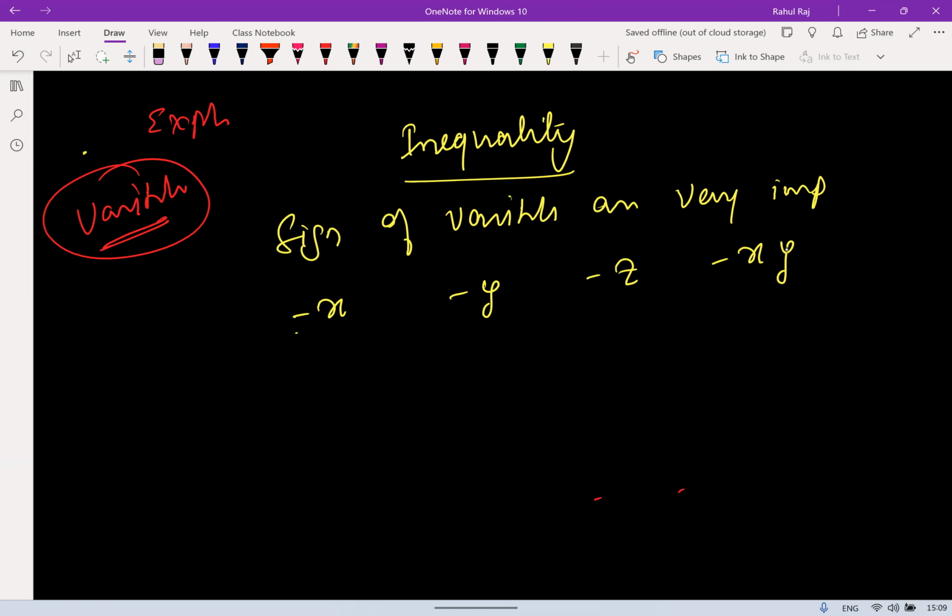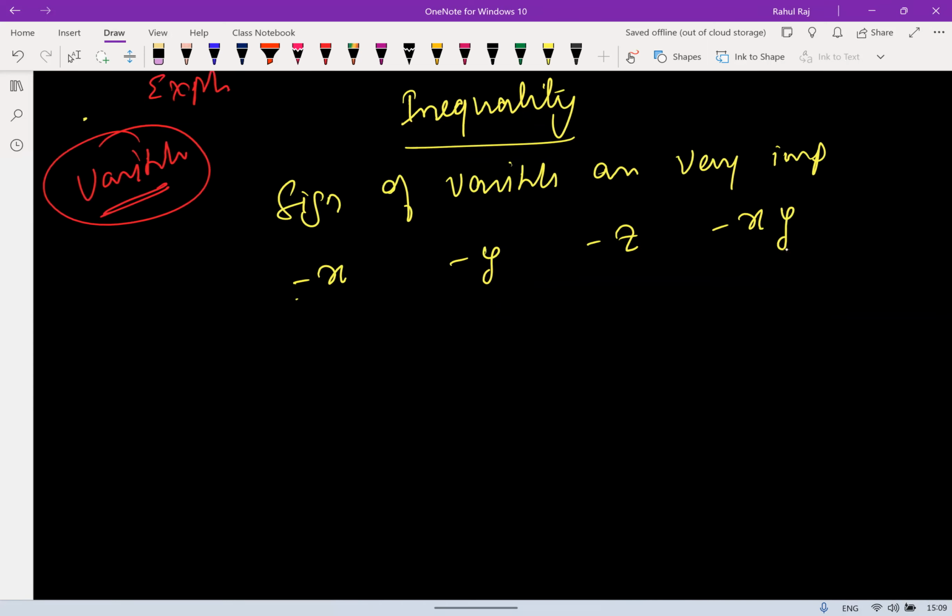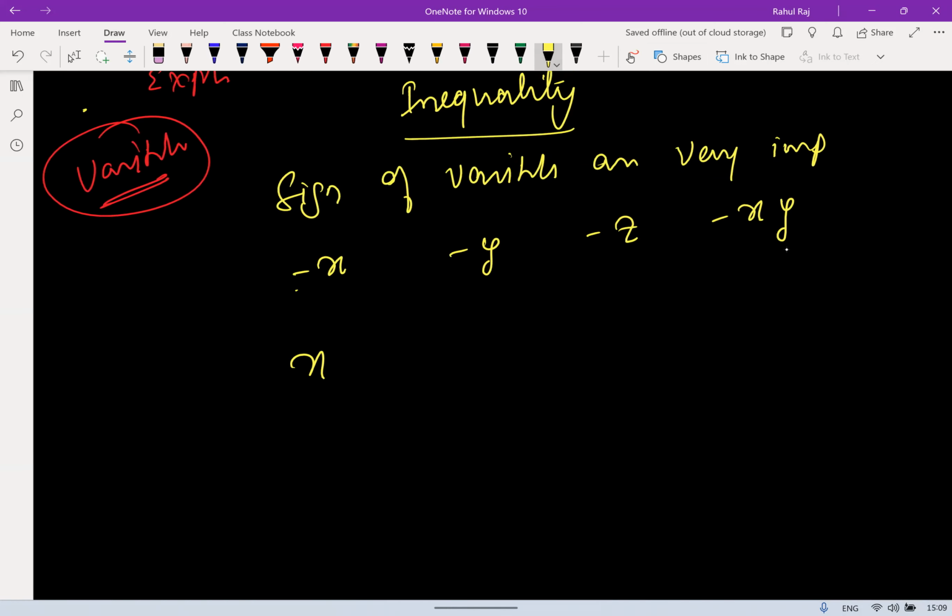Now imagine I'm just writing it over here, xy greater than 0. What do you mean by this in terms of sign? Your first logic in algebra: whenever you see any variables, just try to understand whether you are aware of the sign of that variable or not. When I say are you aware of the sign of the variable, it simply means whether that particular variable is positive or negative is known to you, yes or no. So when I say xy greater than 0, what can you conclude?